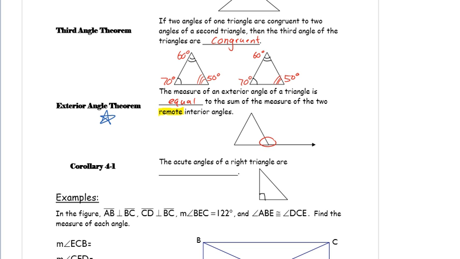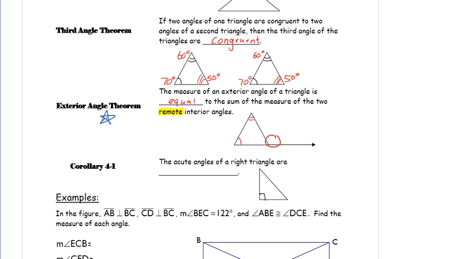The remote interior angles, remote means like out in the middle of nowhere, kind of like a desert is a remote location if you didn't know where you were. So it's kind of separate from where you're at. So your two remote locations are these two angles. Those are your two remote interior angles. What it's saying is those two angles together equal this angle right here.